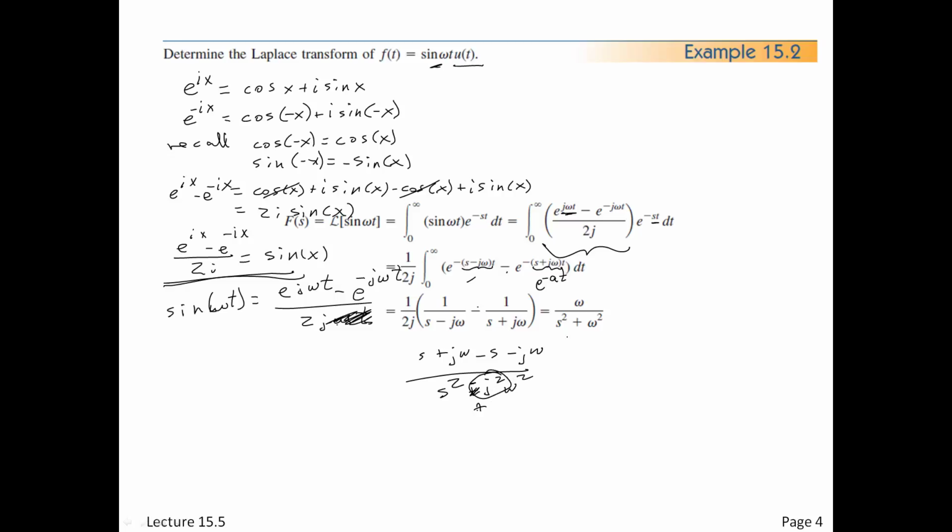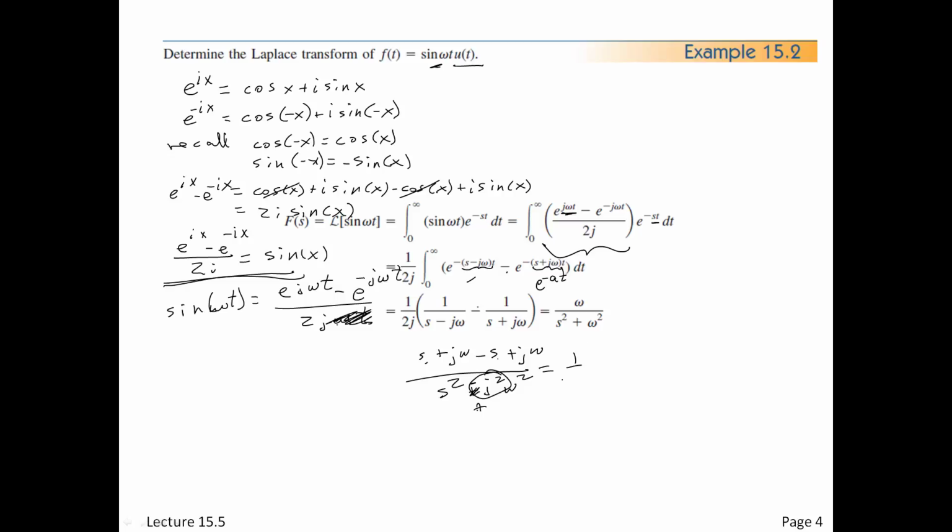So we have our denominator, and in the numerator we've got s minus s, and then we've got, oh wait, I wasn't careful here. It's s plus j omega minus minus s minus j omega minus a minus j omega, so this should have been a plus.